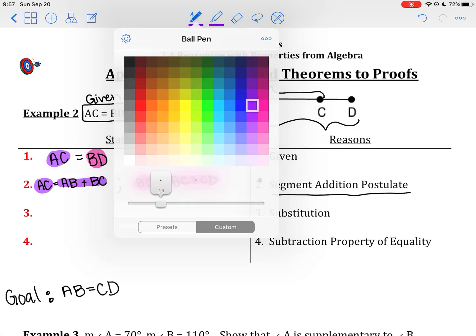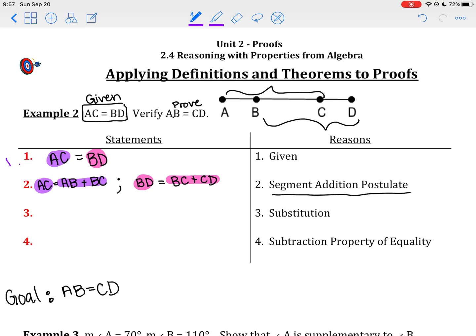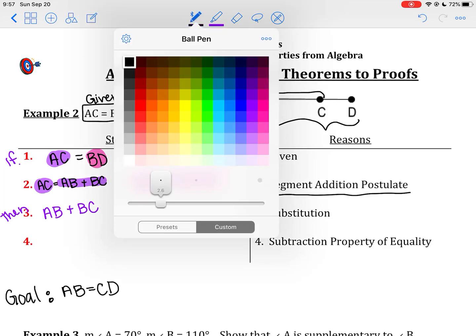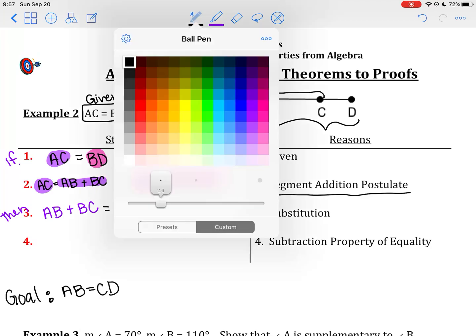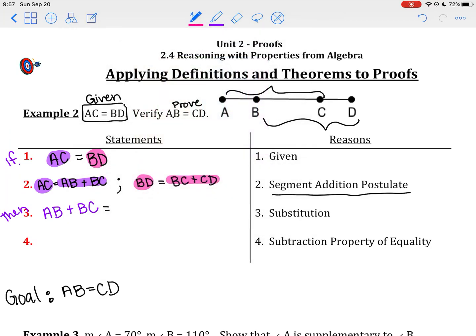So I'm going to take the original statement, I'm going to say if AC equals BD, then, now that I'm using these two together, so if AC equals BD and AC equals AB plus BC, I can replace AC with AB plus BC. I also know that BD is equal to BC plus CD, so I can replace anywhere I see a BD with those two things added together.